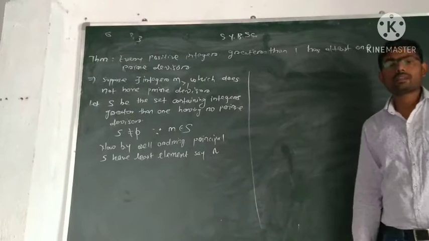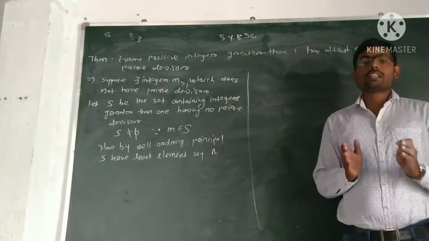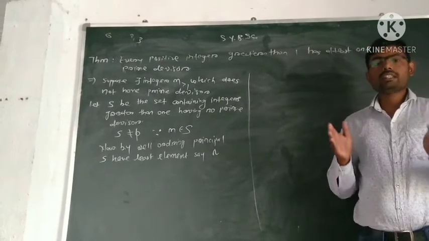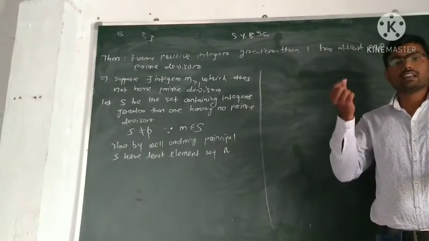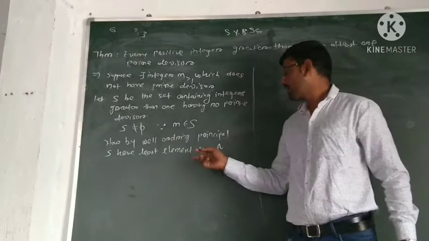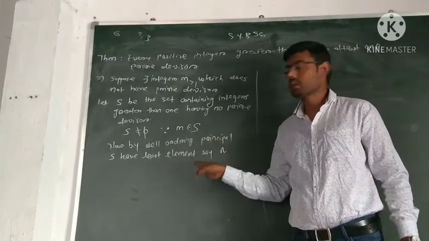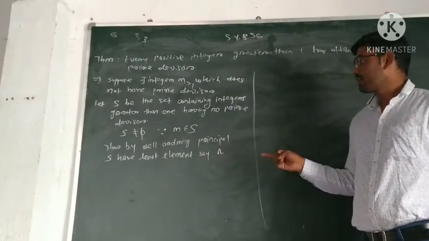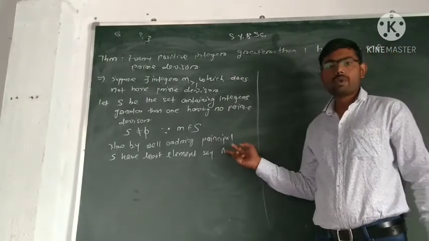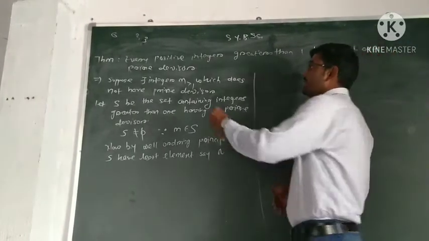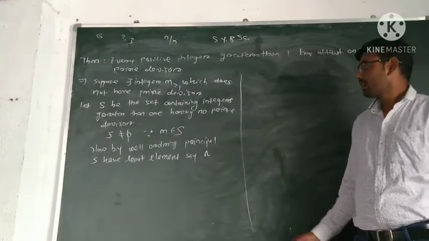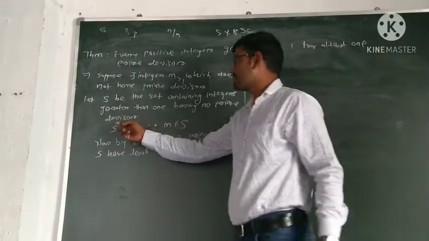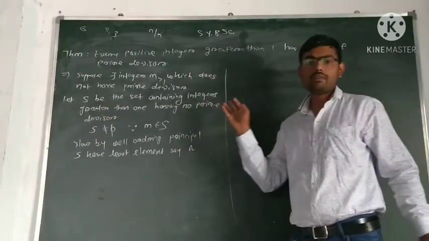What is the well ordering principle? The well ordering principle says every set of non-negative integers, that is every set of positive integers, has a least element. Okay. So let n be the least, smallest element of the set S. And n is in set S, so n has no prime divisor.